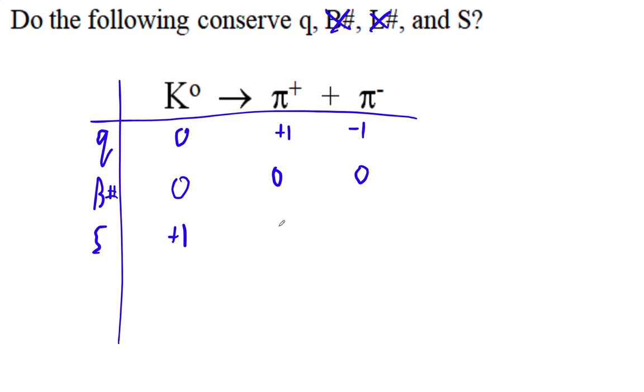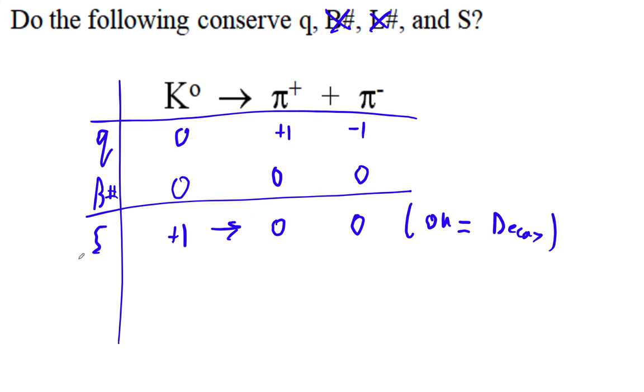These guys are not strange. So it violates strangeness, but notice that this is a decay. So it's okay because it's a decay. This is a weak interaction. When it decays, it's interacting weakly. It's only when you create. So strangeness is not conserved in decays. So the answer is strangeness is not conserved, but it still can happen because it's a decay.